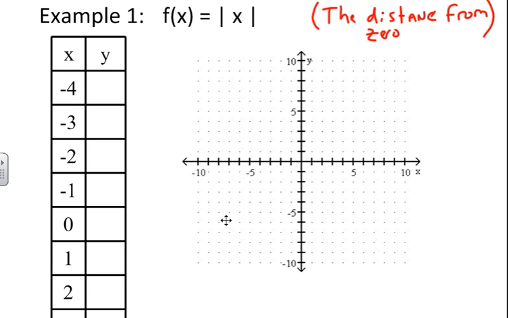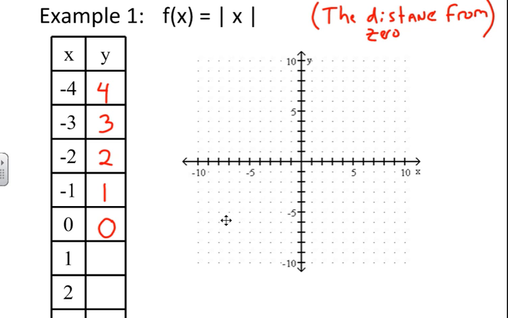So if x is 0, y is 0. The absolute value of any number is going to come out positive. So if x is negative 1, y is positive 1. If x is negative 2, y is 2. X is negative 3, y is 3.